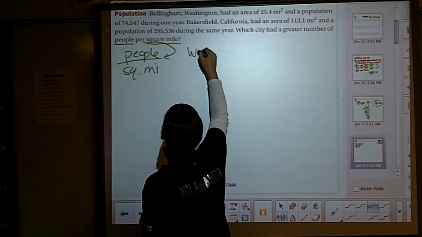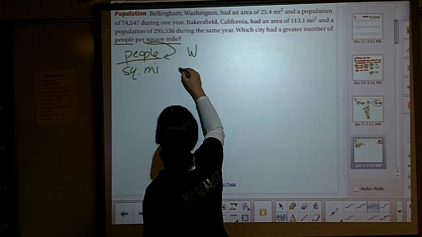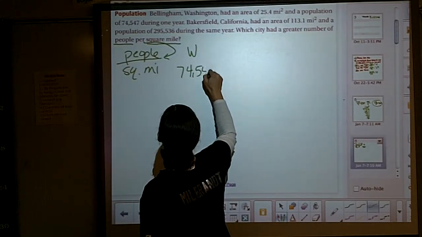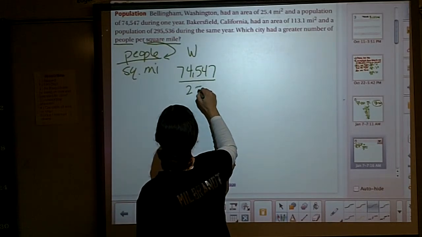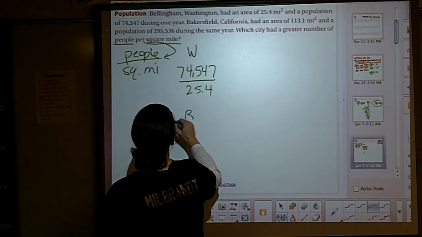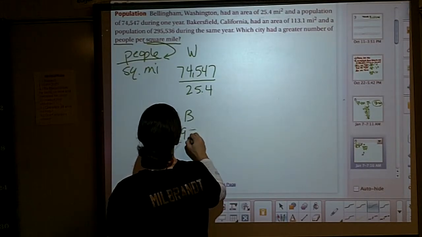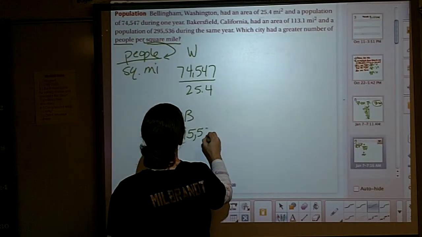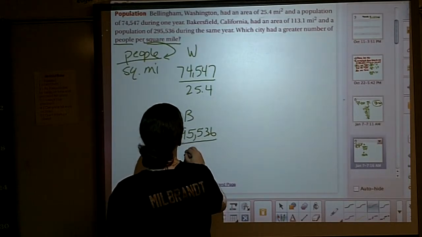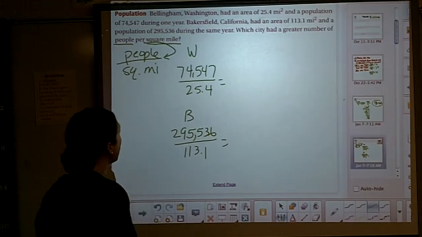So for Washington, I would have my 74,547 divided by 25.4. For Bakersfield, I would have 295,536 divided by 113.1. Type that into our calculator.